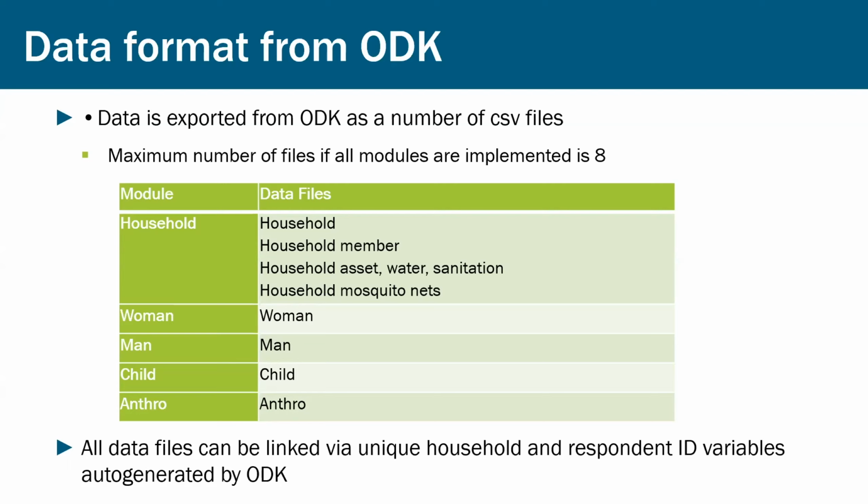And then depending on which additional modules have been implemented, you may have the women's questionnaire, men's questionnaire, child questionnaire, and a questionnaire for the anthropometry. And as Emily mentioned, all of these data files can be linked through unique household and respondent ID variables that have been auto-generated by ODK. And you can import these CSV files into any statistical package for further data management and analysis.